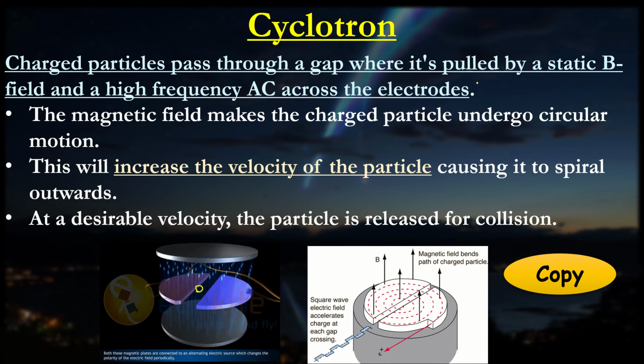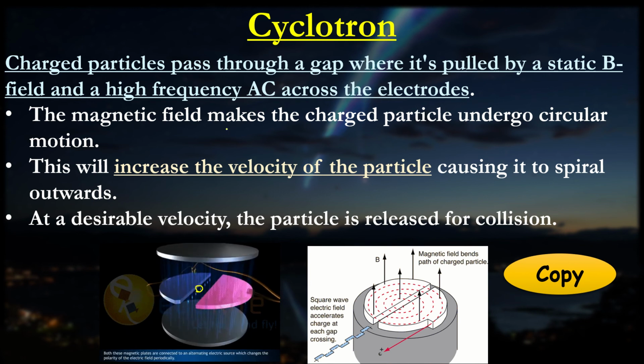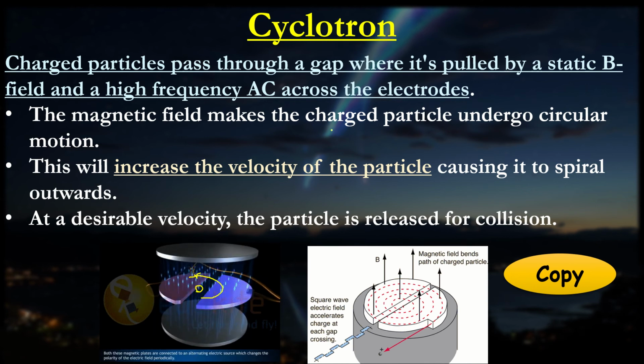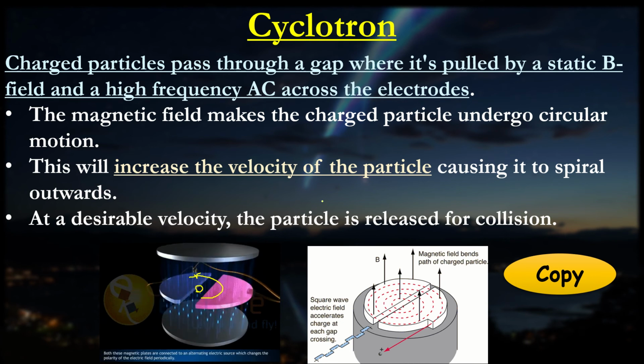Now the design of that is once you inject a charged particle into the center, you have a static magnetic field and a high frequency alternating electricity, causing the particle to spiral in a particular direction. This spiraling motion will cause the particle to increase its velocity.